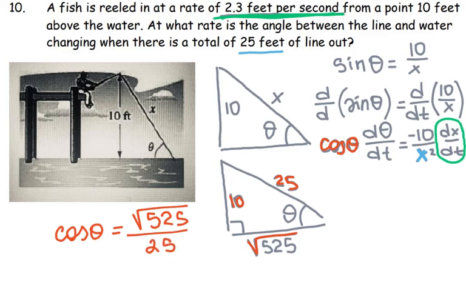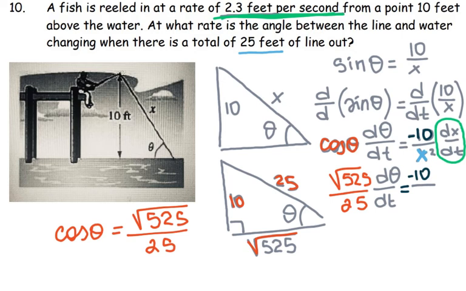So to plug that in, I have cosine, the square root of 525 over 25, times d theta over dt, and on the other side, negative 10 over 25 squared, since x is the fish line. And for dx over dt, they give me the velocity, which is 2.3.